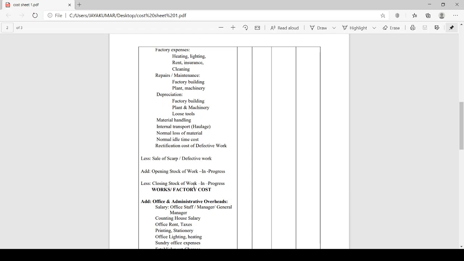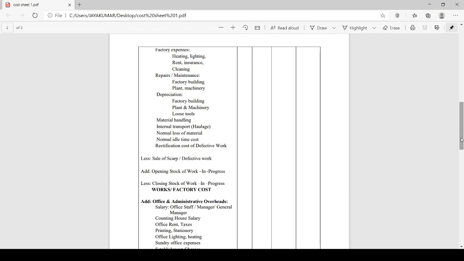Work in progress means the units which are not yet complete, but on which some work has already been done. Now we need to value it. Last year's unit work which is not complete, we'll be adding it, and we will be deducting the work in progress of this year. So we have adjusted the work in progress.